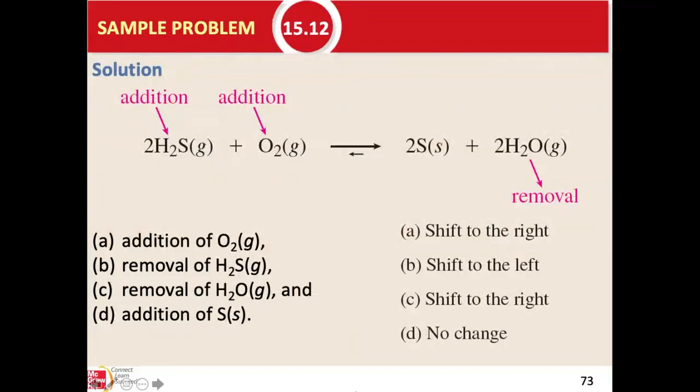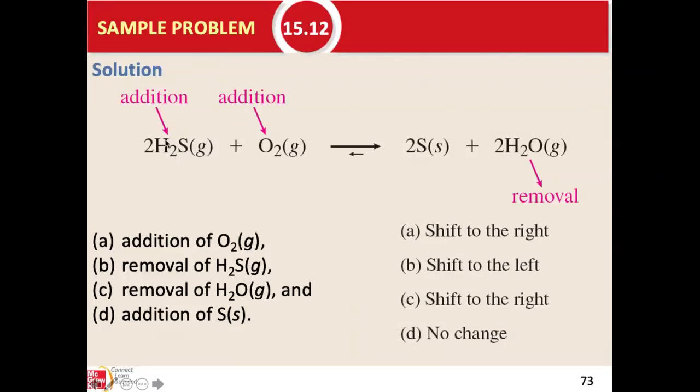Take a look at D. When we are adding sulfur, there will be no change at equilibrium, because do not forget, solids and liquids are not part of the equilibrium expression, and they will not affect the equilibrium. So when I'm adding oxygen, the reaction will shift to the right.